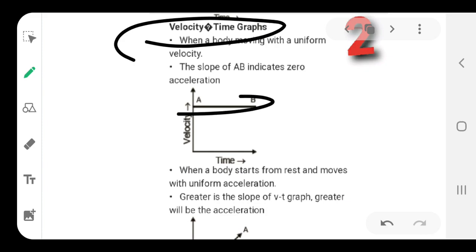So, the slope indicates zero acceleration. When velocity is uniform, we have no acceleration.